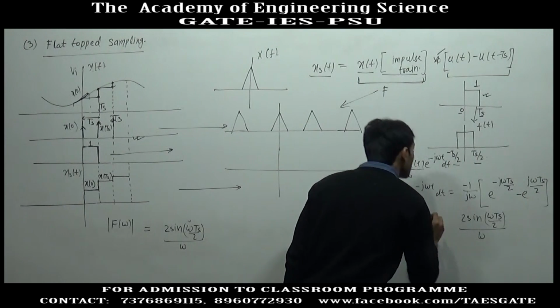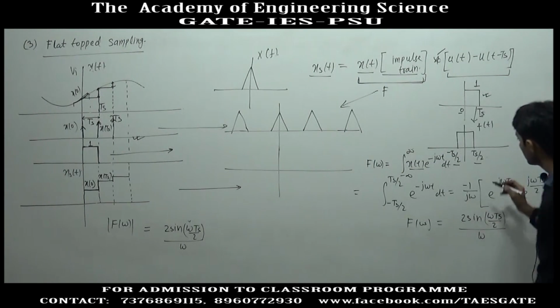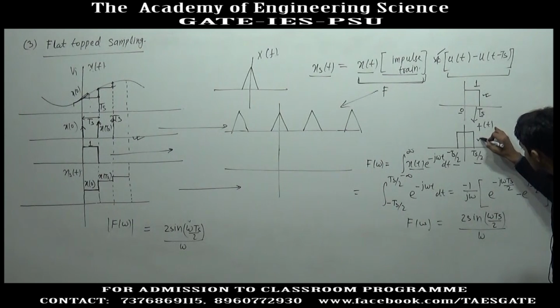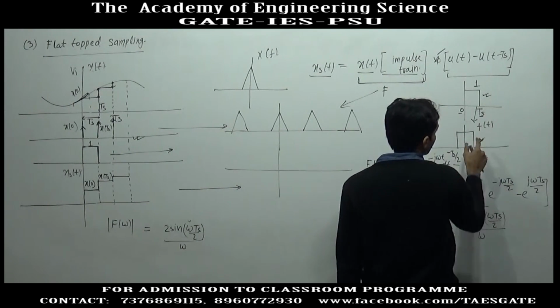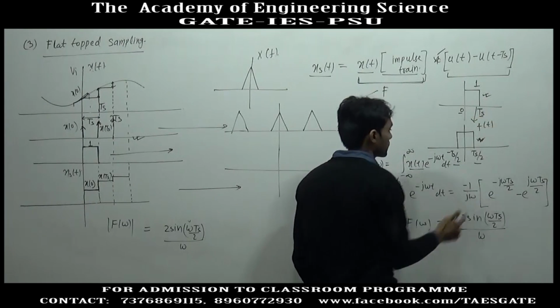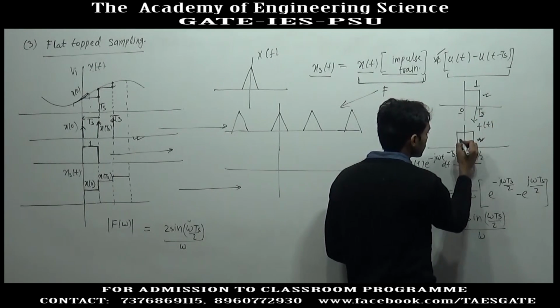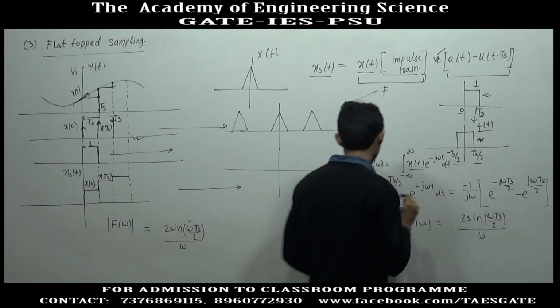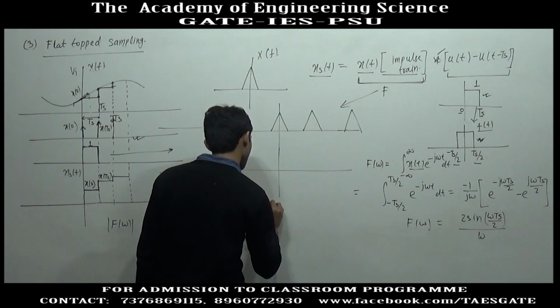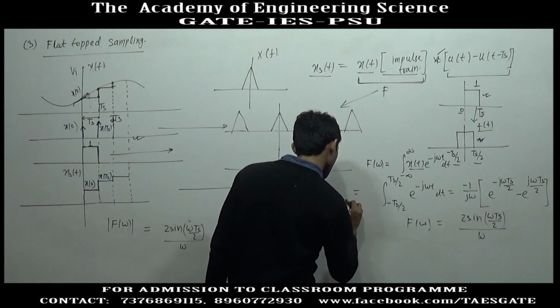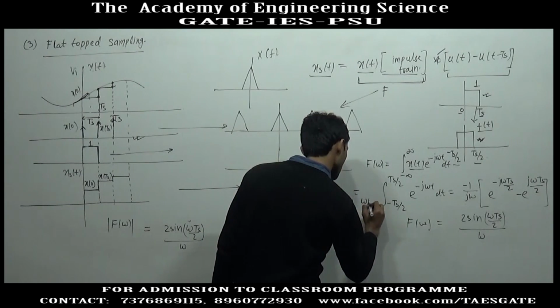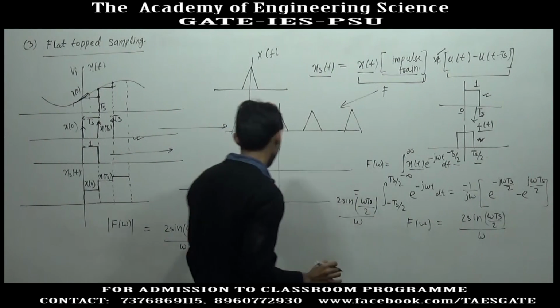F(omega). Now, we have obtained the Fourier transform of this signal, but we have to take the Fourier transform of 0 to Ts. Now, if we shift, suppose this is f(t), we will write f(t) has a Fourier transform of 2 sin omega Ts by 2 by omega.